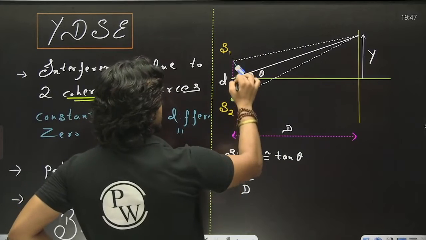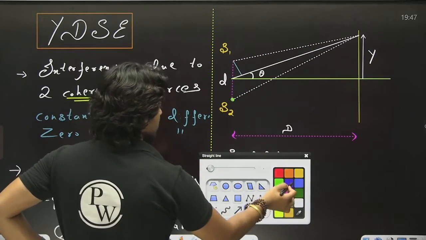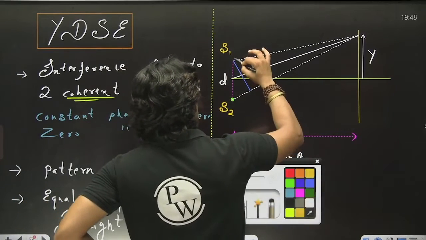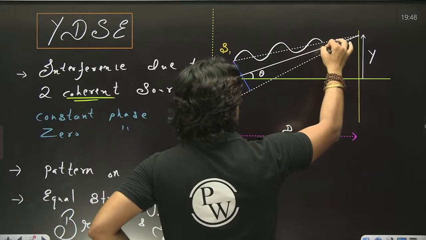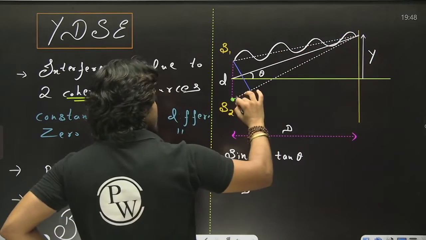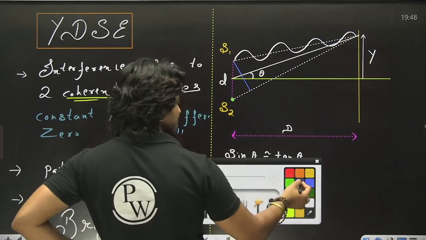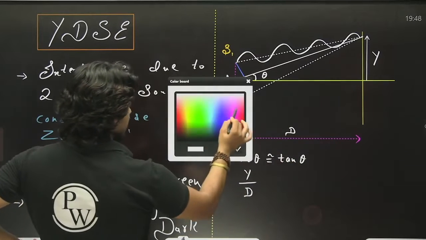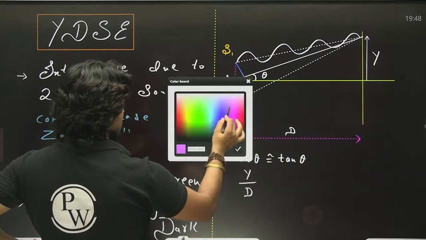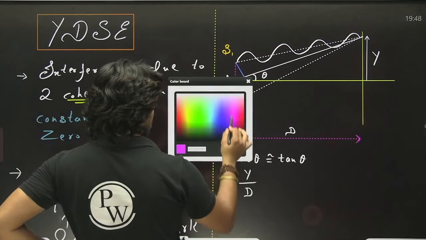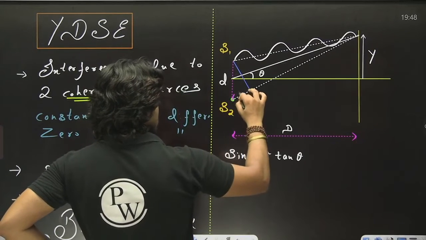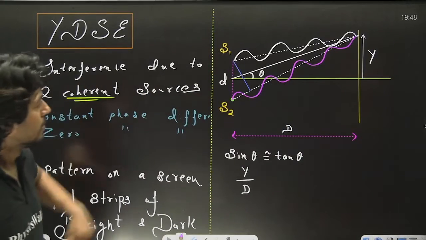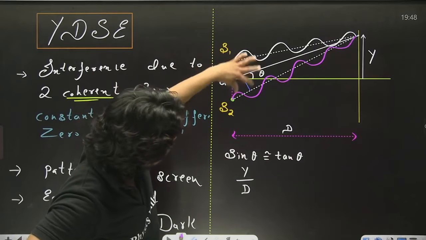Just a second, let's make it a bit more clear. Drop this perpendicular like this. So this is wave number 1 and this is wave number 2.